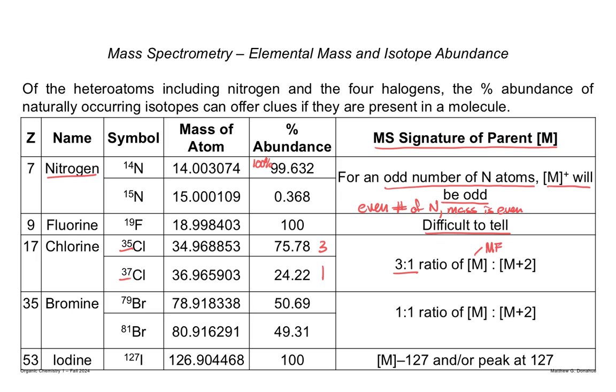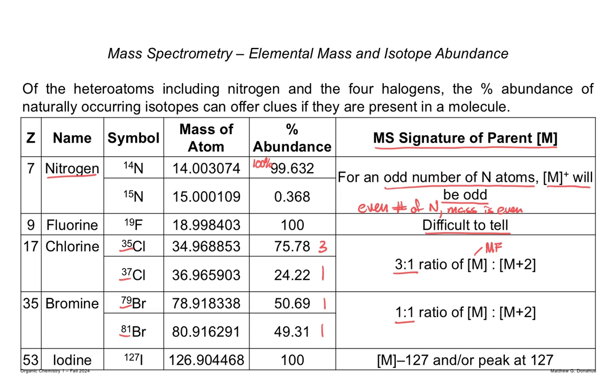And we'll look at visual examples of that in the next few slides. Bromine is 2 isotopes, 79 and 81. They're present in a 1-to-1 ratio. And so the same logic as with chlorine: if the M and the M plus 2 are equal now, then you can say, okay, there's bromine.